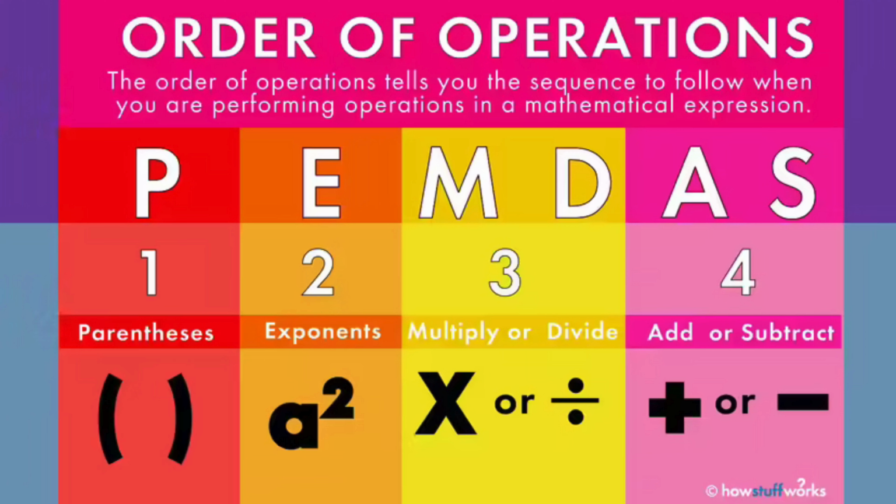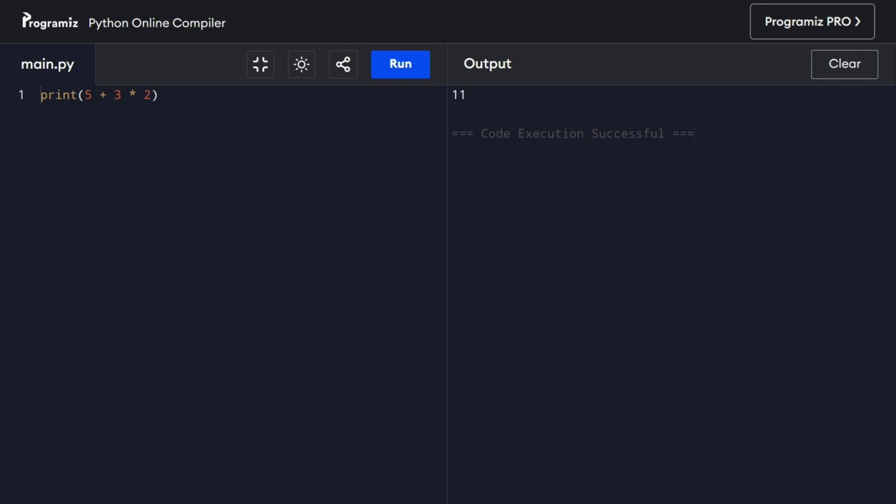It follows these rules to get the right answer. Look here. 5 plus 3 times 2 gives us 11, not 16, because it multiplies first. But (5 plus 3) times 2 gives us 16, because the parentheses come first.